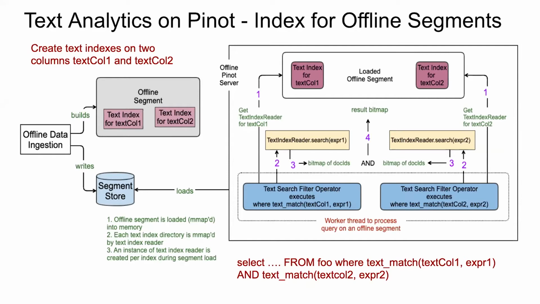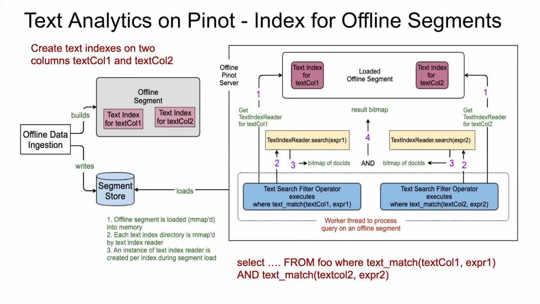Now, query processing using text search is more or less similar to how filter processing works today in Pinot. We create a text filter operator, which executes the where clause of text match. It passes the search expression to the text index reader. The reader compiles that search expression, and the end result is a set of matching doc IDs for that search expression.